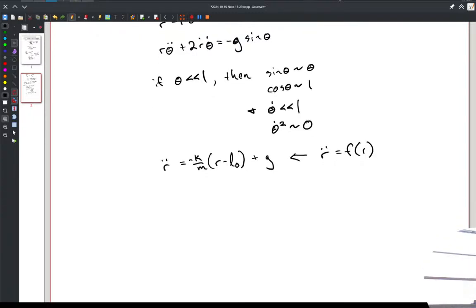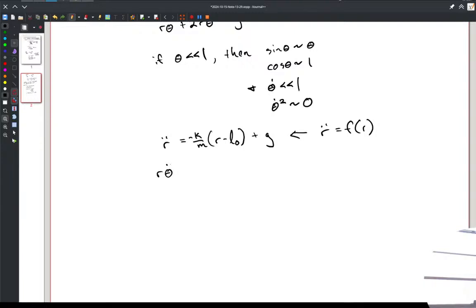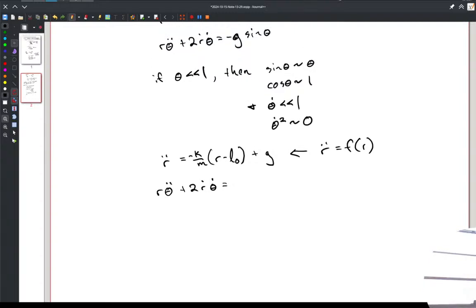That's a good start. And then down below, I have r theta double dot plus 2 r dot theta dot equals negative g times theta. And in this part, I need to get rid of that r and that r dot somehow, because that's a nonlinear coupling, at least if I want 2 independent equations, right?